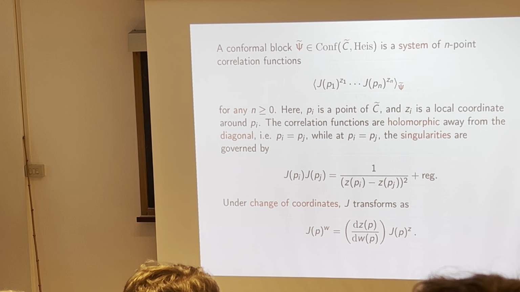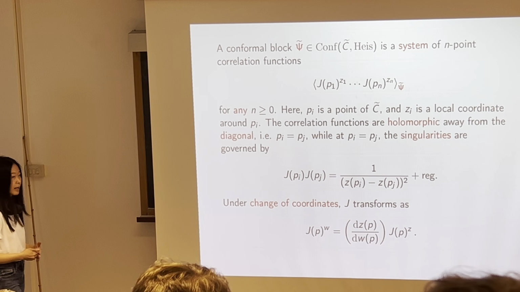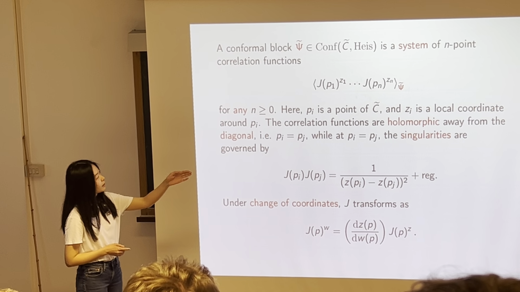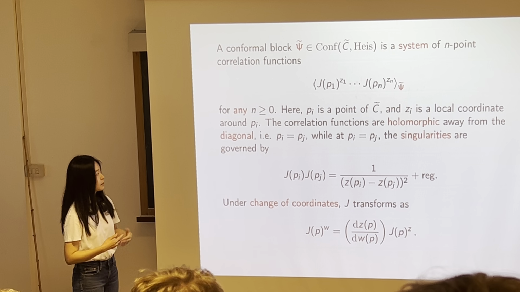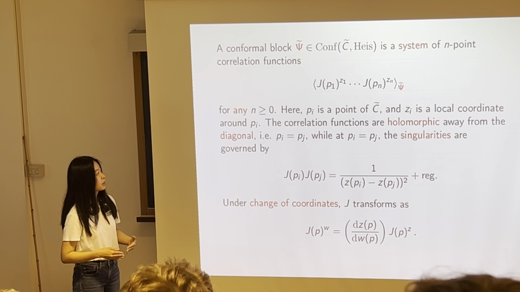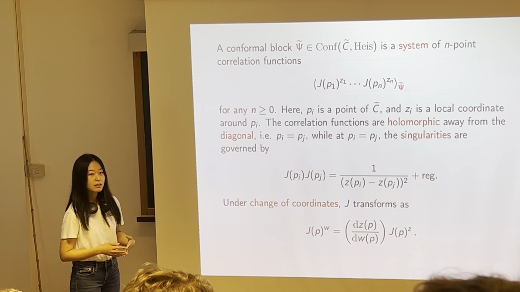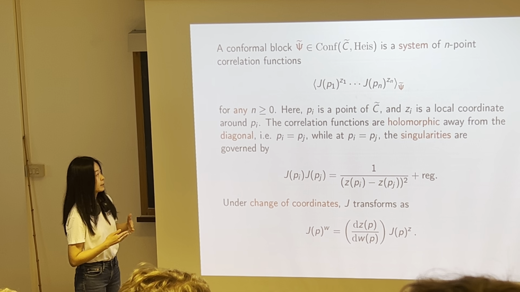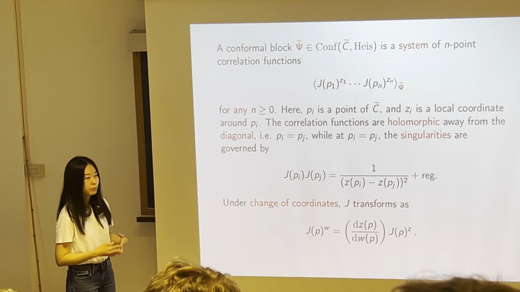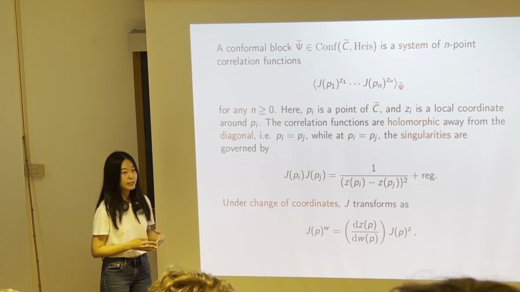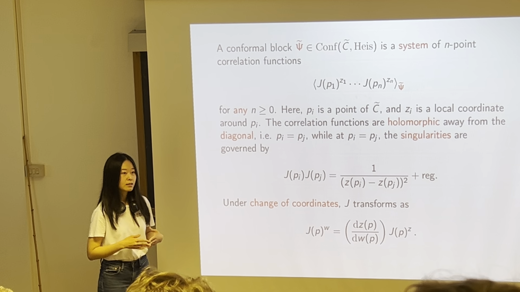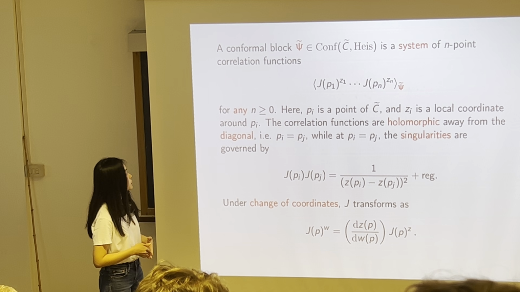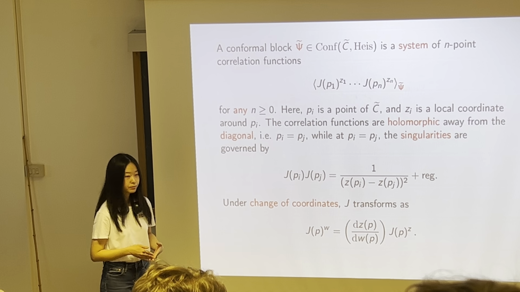So after having this data, we can define a conformal block. By conf C tilde Heisenberg, I mean the space of Heisenberg conformal blocks over C tilde. To define a conformal block here, we define it to be a system of n-point correlation functions where the insertions are just the generator of the Heisenberg algebra, and this n can be an arbitrary non-negative integer.